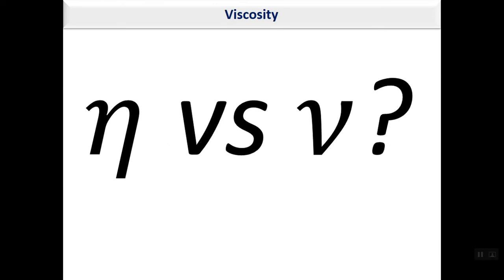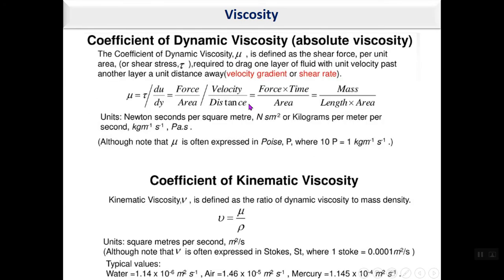Actually, we have two types of viscosity: the dynamic or absolute viscosity versus kinematic viscosity. Here we are discussing both of these viscosity definitions.